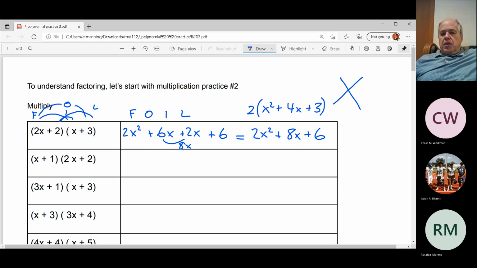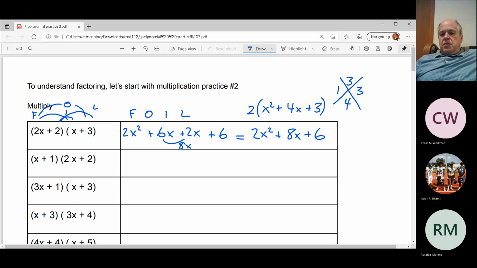That makes it an easier problem. Two numbers when multiplied will give me a 3, and when I add them together will give me a 4. Well, how about a 3 and a 1? 1 times 3 multiplied gives me 3, added gives me 4.